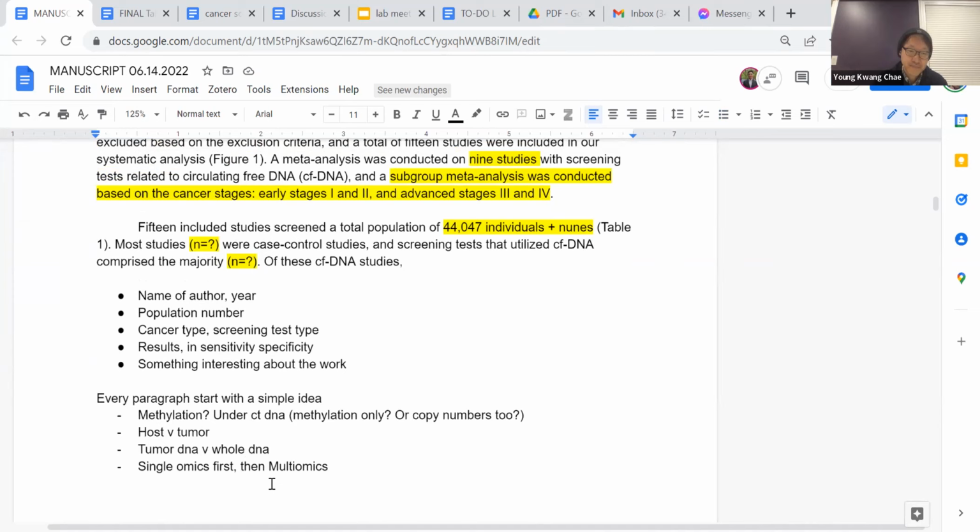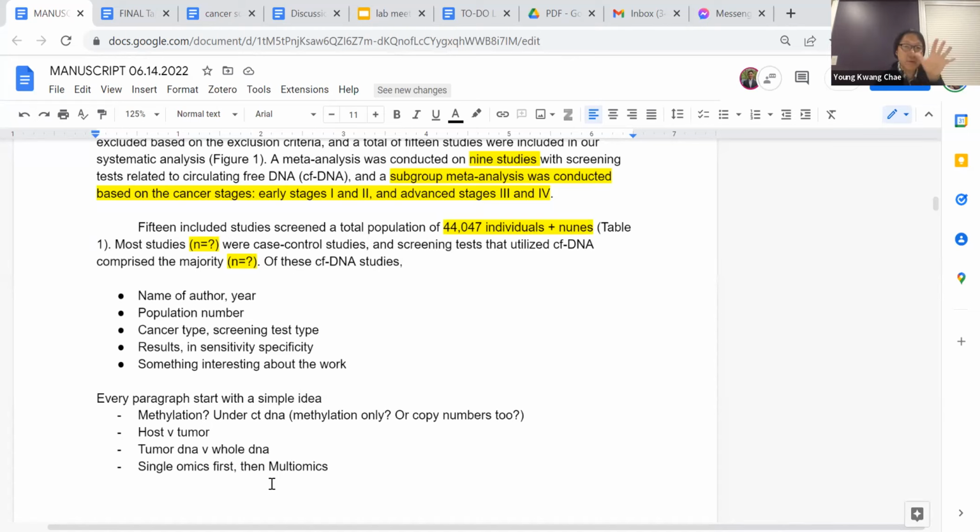Okay, sounds good. We'll go through them again and reclassify. And then each paragraph, early detection assays, I would say ctDNA methylation of ctDNA are used as the main technology, or what is the main mechanism or main method for analysis.